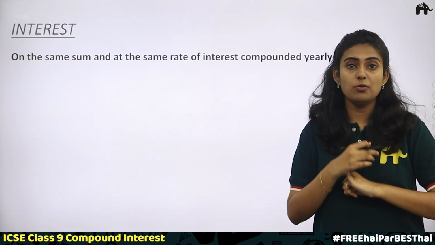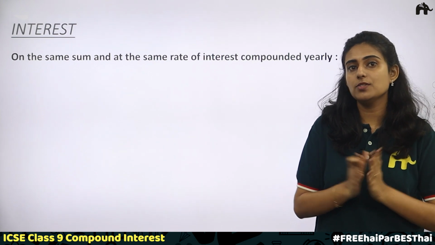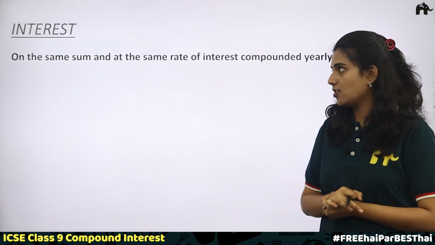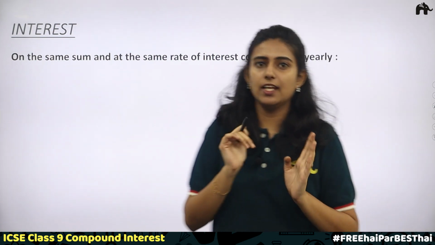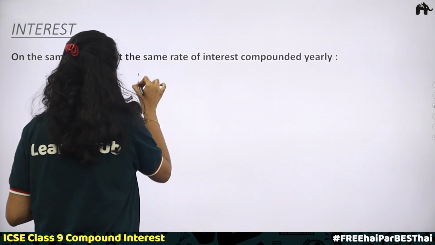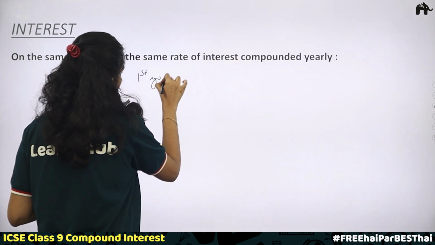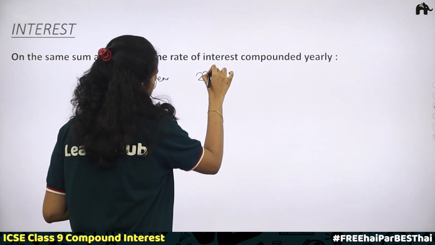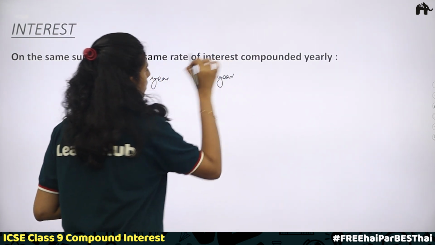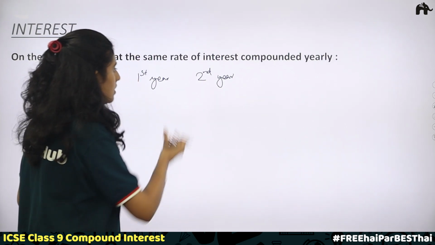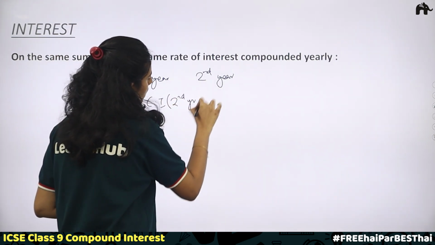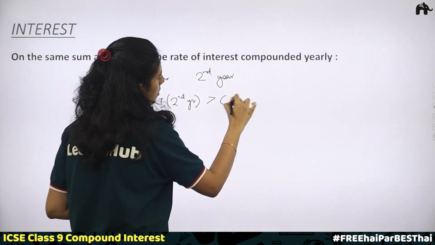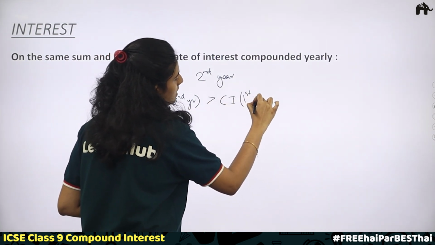We have studied how to find interest. Interest is calculated using the formula PTR divided by 100. So, when you have two consecutive conversion periods, for example, the first year and the second year, when you calculate the compound interest, the compound interest at the end of second year will always be greater than the compound interest at the end of first year.